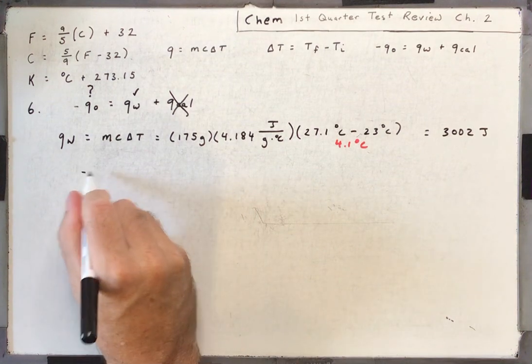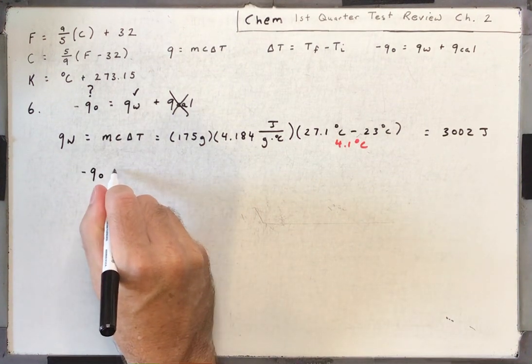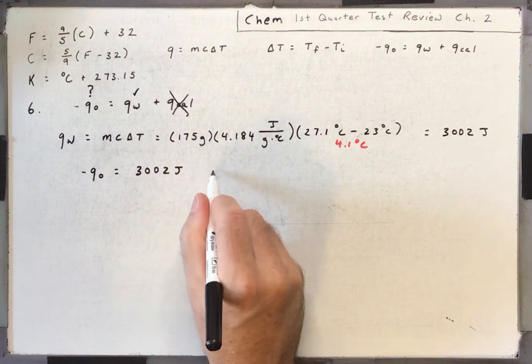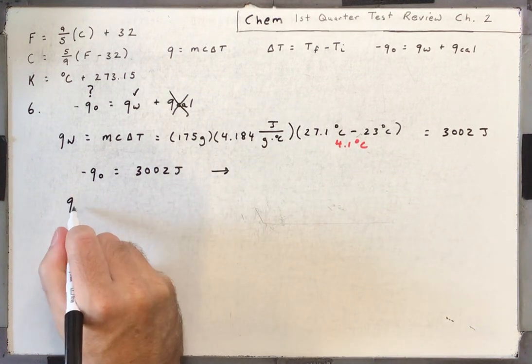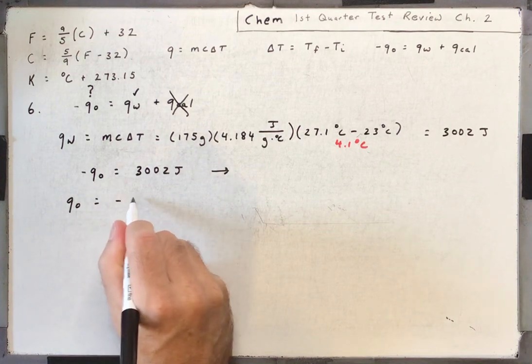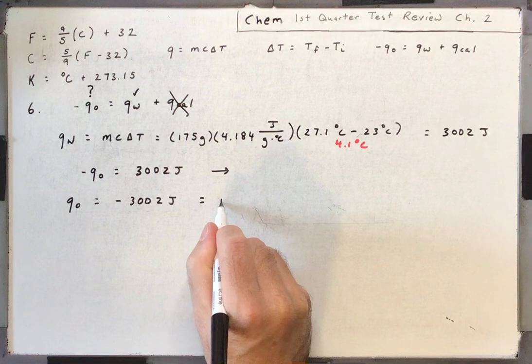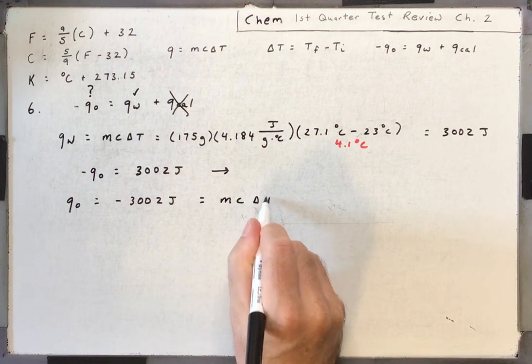Okay, so we know that minus Q of the object is equal to 3,002 joules. That means the Q of the object is equal to negative 3,002 joules. And we set that equal to MC delta T for the object.